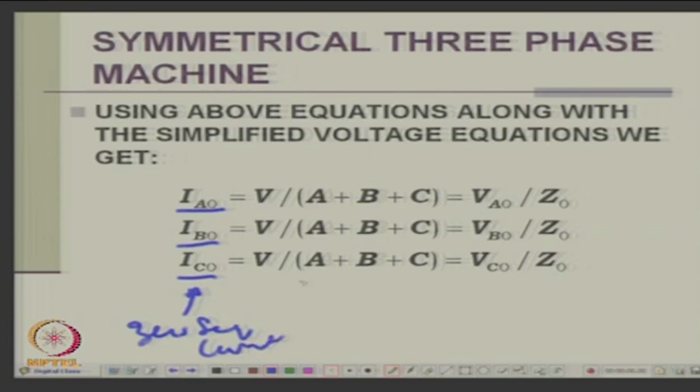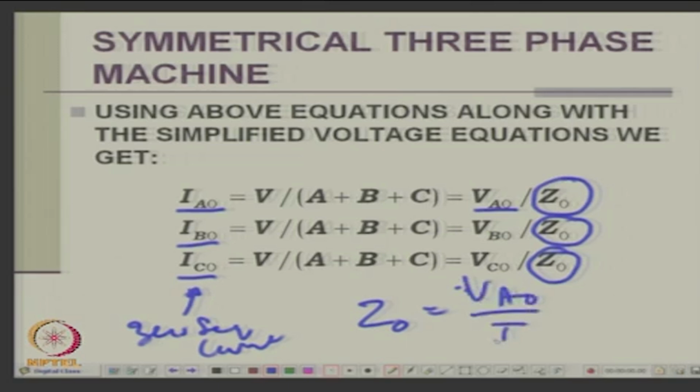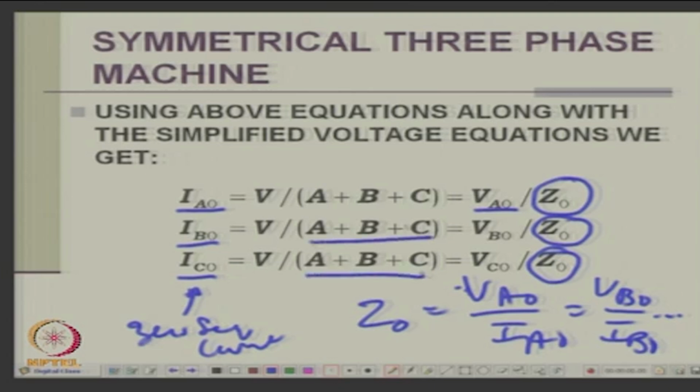So, let us say VA will create Z naught. Z naught is the 0 sequence impedance, which is nothing but 0 sequence voltage by 0 sequence current. Z naught is VA naught by IA naught, which will be the same as VB naught by IB naught etc. Simple. Here the coefficient is A plus B plus C.